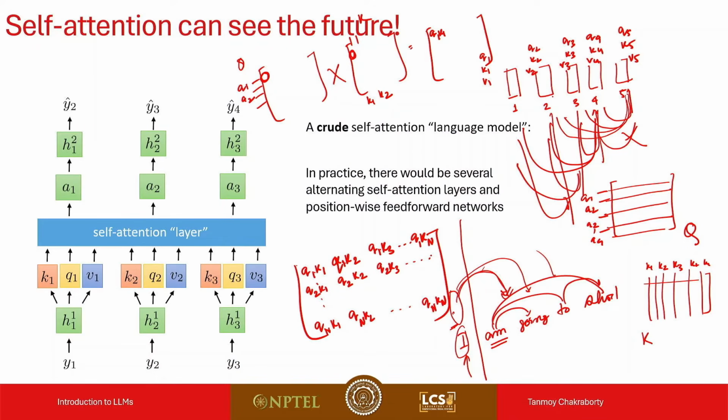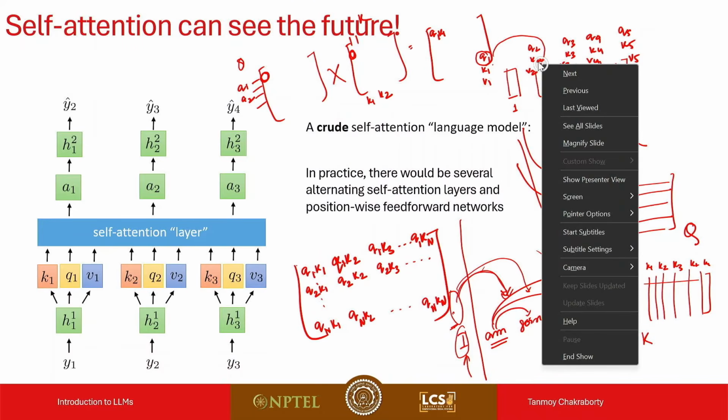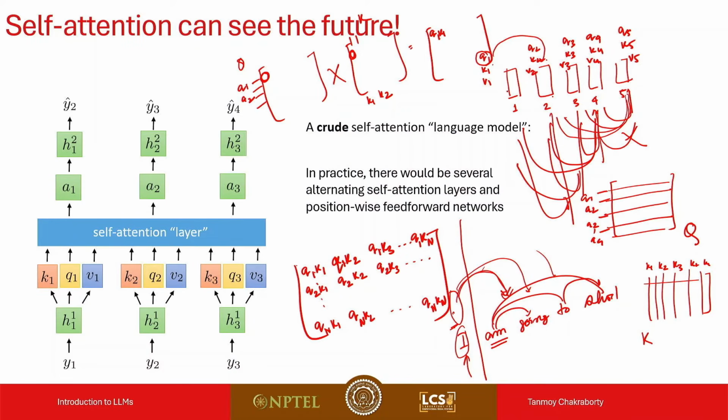Look at here. Is it allowed for Q1 to get multiplied with K2? No, right? Q1 is not allowed to be multiplied with K2 because K2 is the future state with respect to Q1. So this is not allowed. This is also not allowed. This is also not allowed. Only this is allowed.